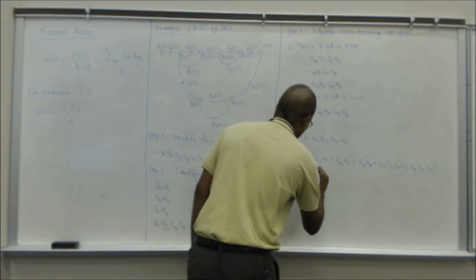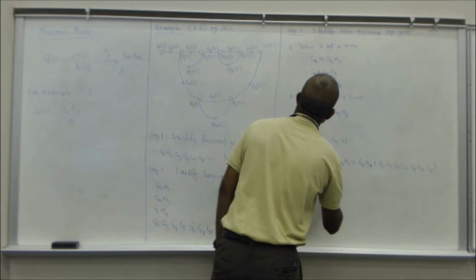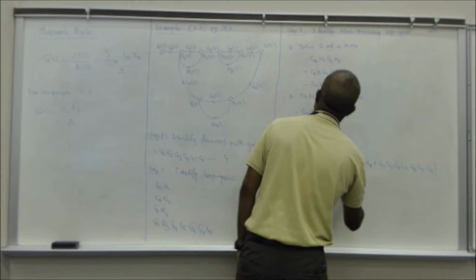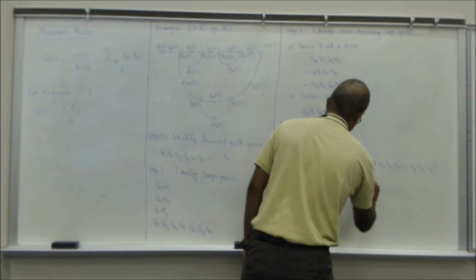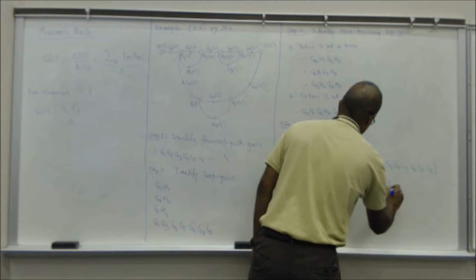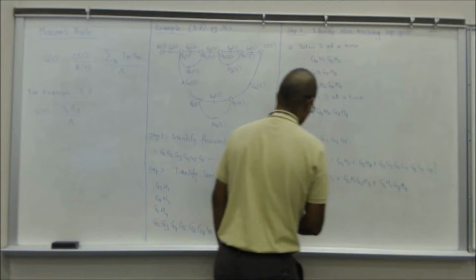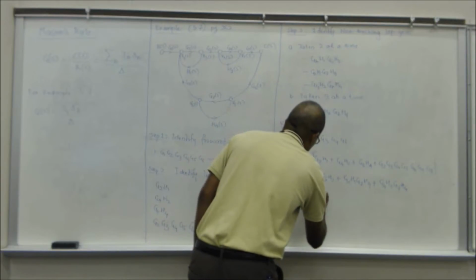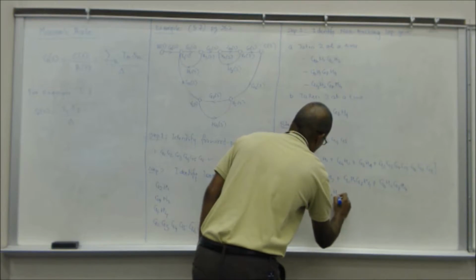That's what we said. So you have G2H1, G4H2 plus G2H1, G7H4 plus G4H2, G7H4, minus this, G2H1, G4H2, G7H4.